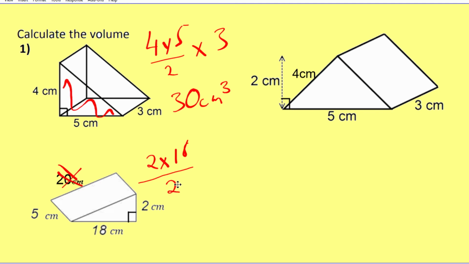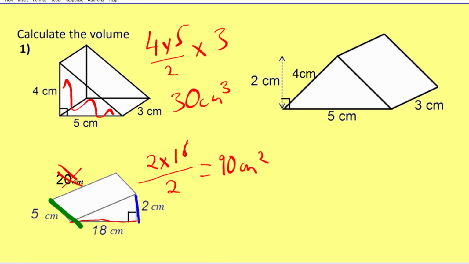And then we multiply that by the depth, which is 5, and that gives us a volume of this triangular prism of 90 centimeters cubed. So just to go over it again, we've got the length, the width, and the depth there. This diagonal line has no part of it whatsoever.